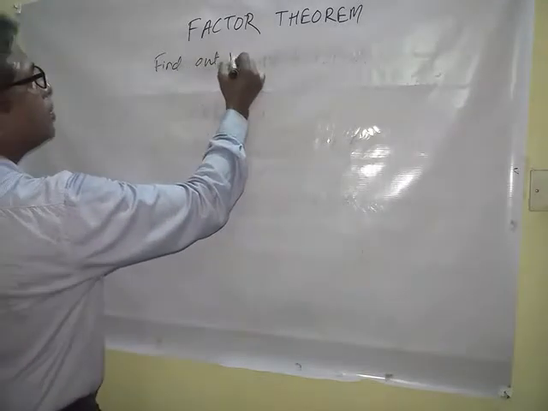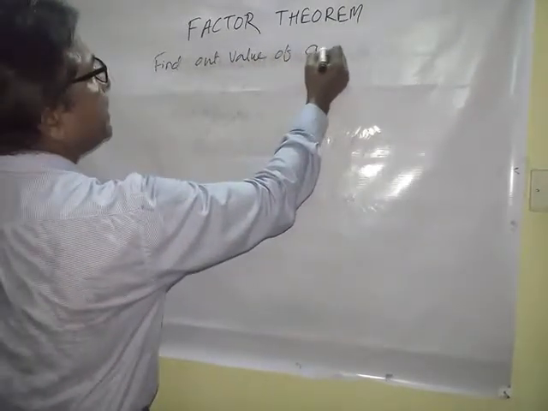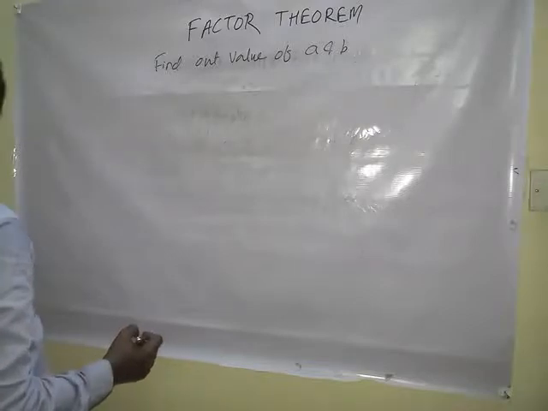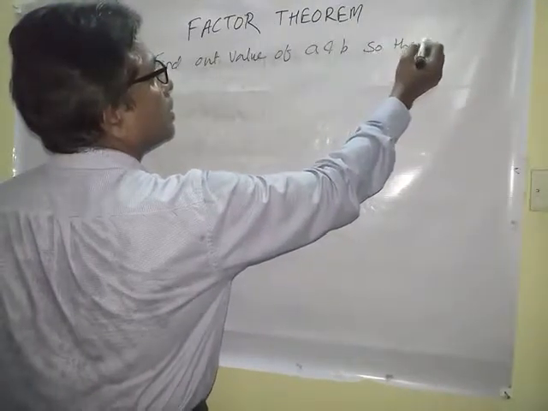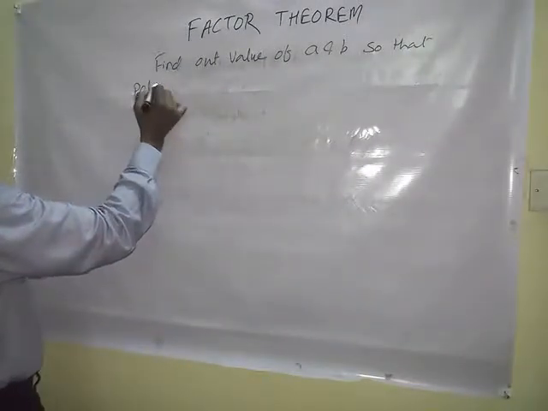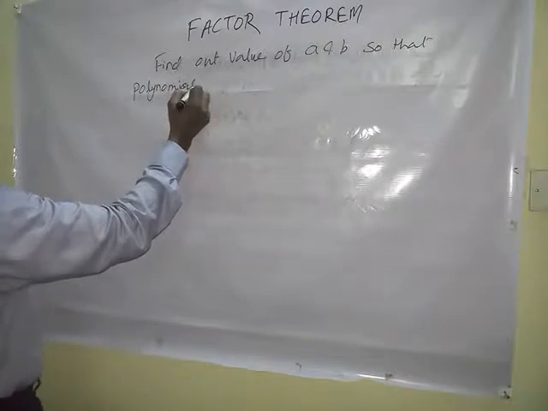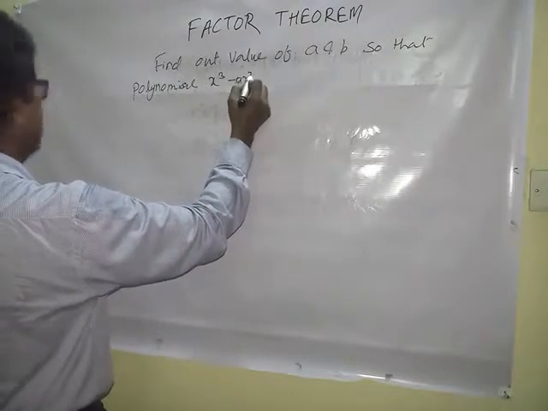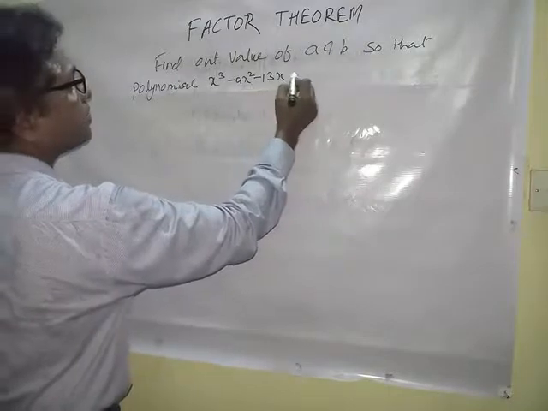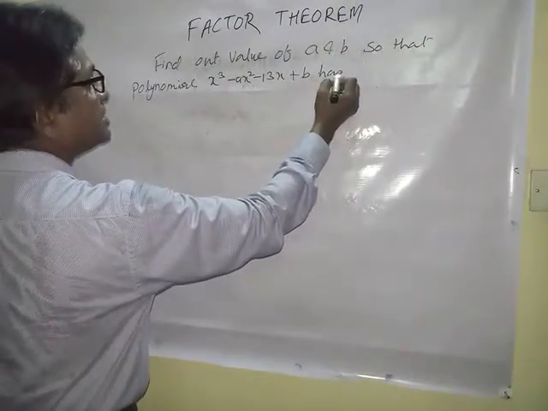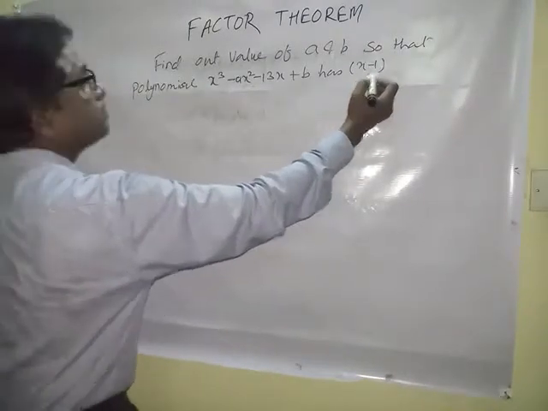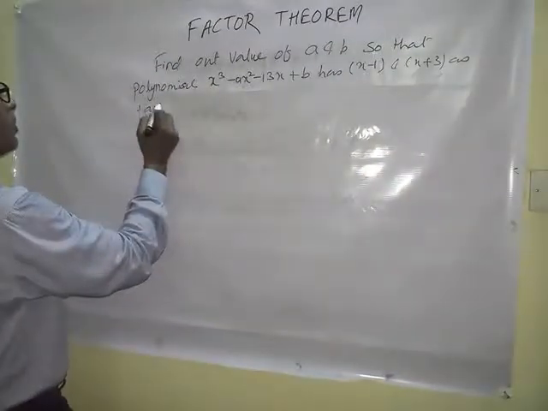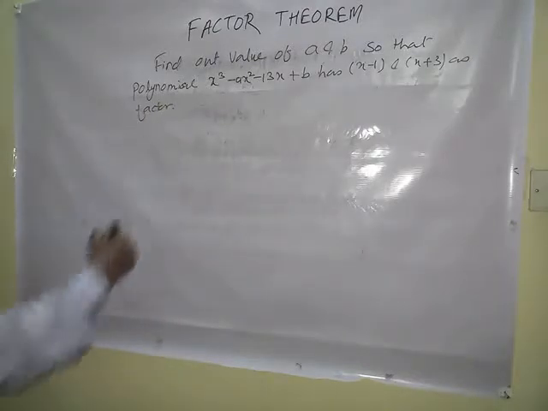Find out the value of a and b so that the polynomial x cube minus ax square minus 13x plus b has x minus 1 and x plus 3 as factors. Now what will you do?